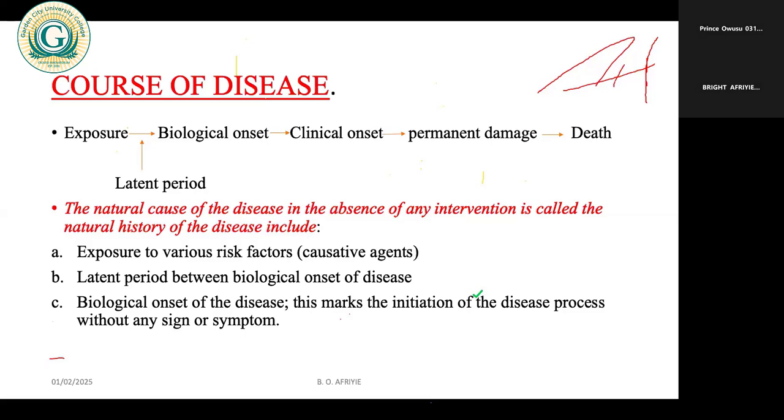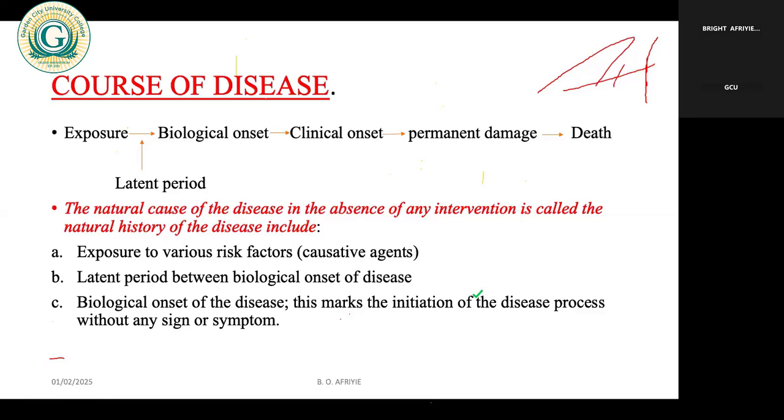Those are also interventions. It goes even beyond drugs as well. So remember that the natural course of disease in the absence of any intervention is the natural history of the disease. And it includes exposure to various risk factors, and the latent period before the biological onset of the disease.